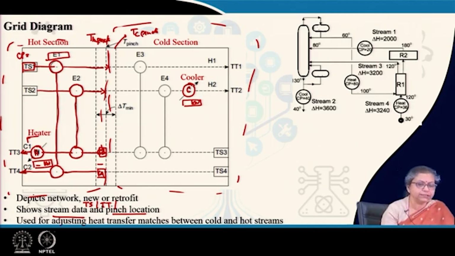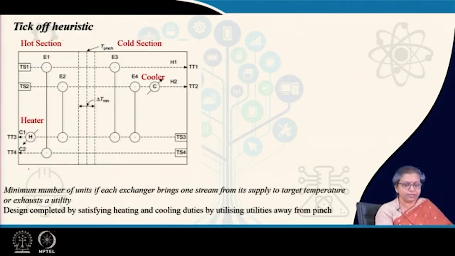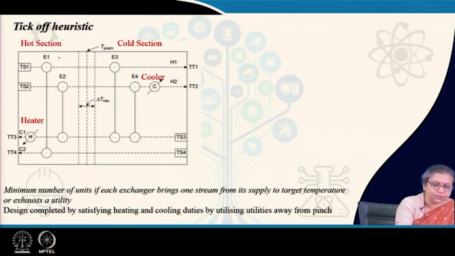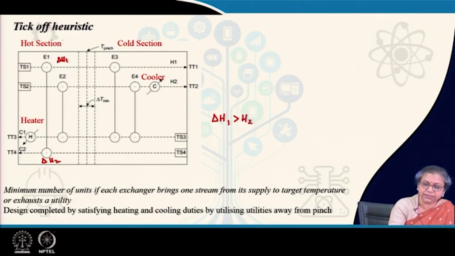After this, the next thing left is the tick-off heuristic. Suppose in this particular case there is heat exchange between the two. You know that the amount of enthalpy that has to be removed from here is delta H1, and from here is delta H2, right. Suppose delta H1 is greater than delta H2.